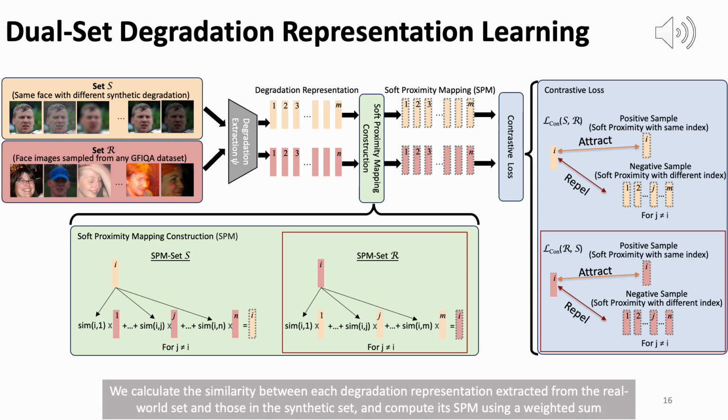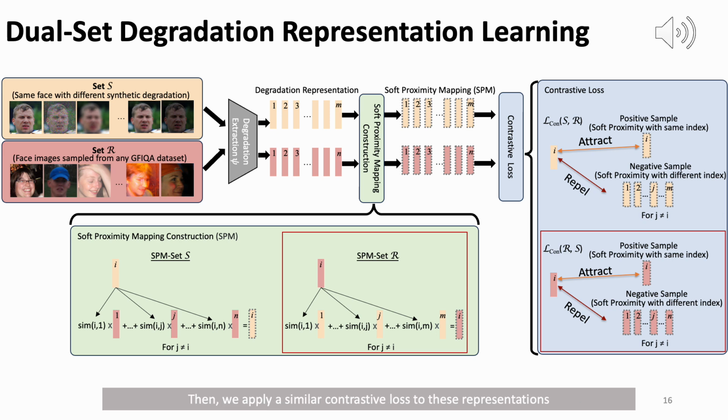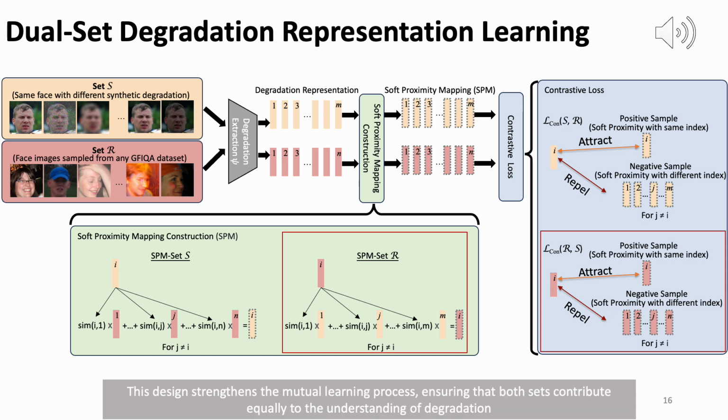We calculate the similarity between each degradation representation extracted from the real-world set and those in the synthetic set, and compute its SPM using a weighted sum. Then, we apply a similar contrastive loss to these representations. This design strengthens the mutual learning process, ensuring that both sets contribute equally to the understanding of degradation. Thus, this bidirectional learning helps the network gain a more comprehensive understanding of degradation.